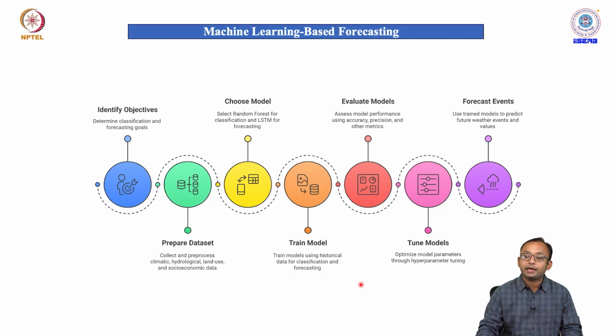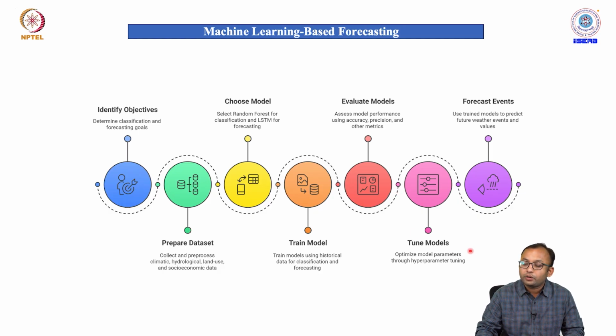That is called training and testing, or evaluation of the model, using different parameters like accuracy, precision and other metrics. You can also use k-fold validation or leave-one-out validation algorithms. These are the ways you can evaluate your model.